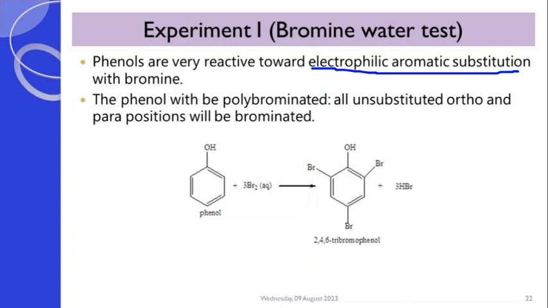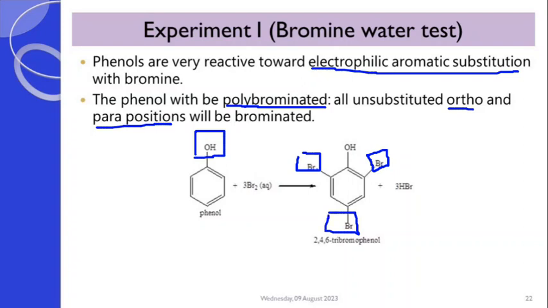Let us look at this equation here. With our functional group attached to the benzene ring, you would have the ortho and para positions occupied by the bromine. Then you would have a polybrominated compound, bromine here and another bromine occupying these positions.